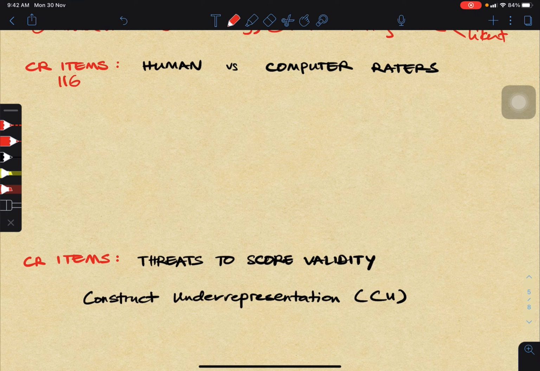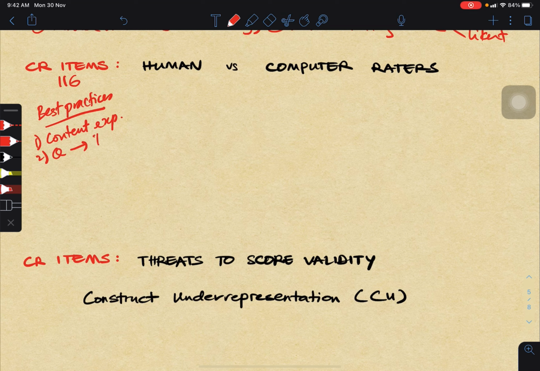So best practices: one, they are recruited based on their content expertise, two, their qualifications linked to the task in question, and three, a clear training process.